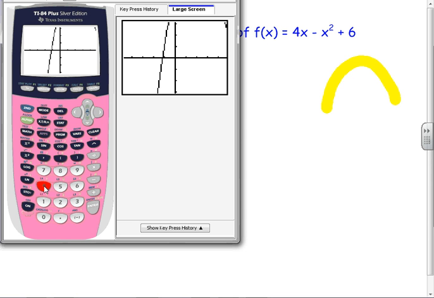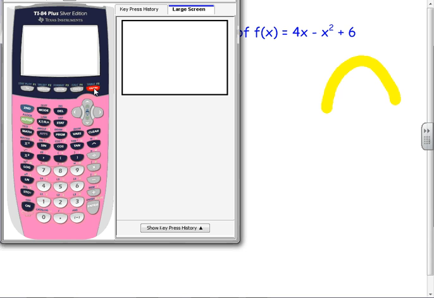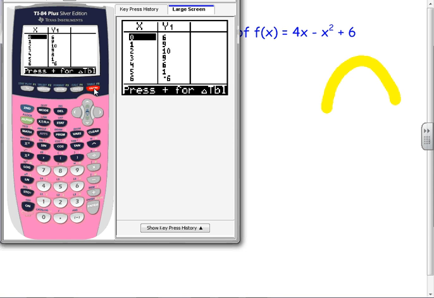What's wrong with my graph? Oh, I'm zoomed in wrong. Okay, so I don't know how high to make it. So this is what I do. I go second table set, and I'm going to make that start at 0, and I'm going to count it by ones. And I'm just going to see how big I have to make it. Goes up to 10. It's probably my maximum value.